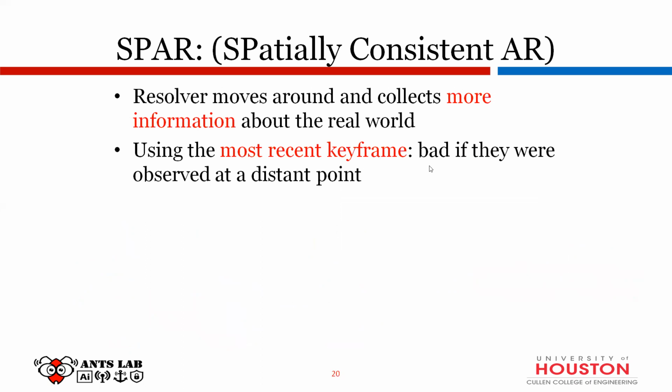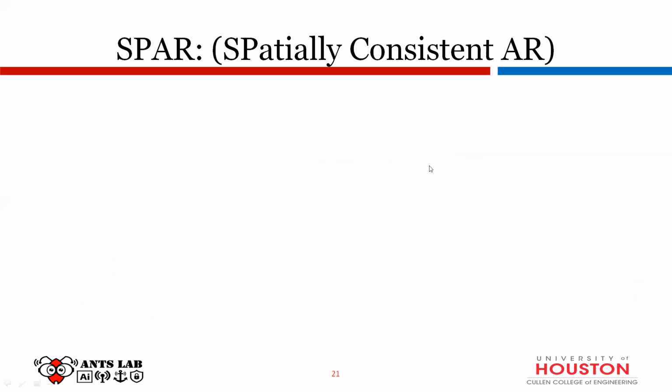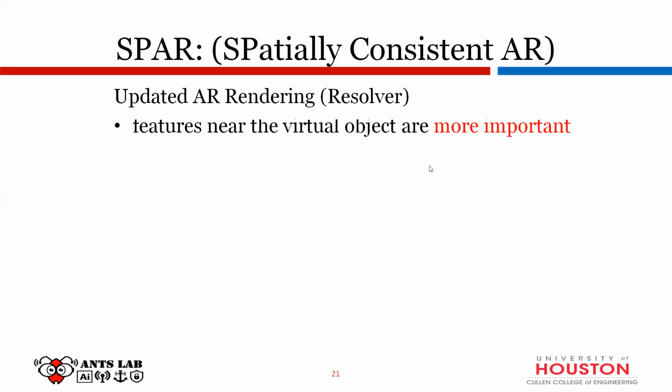So what this one tries to do is to update with the new information collected from the resolver. How do they determine what kind of information they want to get? Again, they choose the features that are near the virtual object. That is how they determine the importance and the ones they will prioritize in updating.